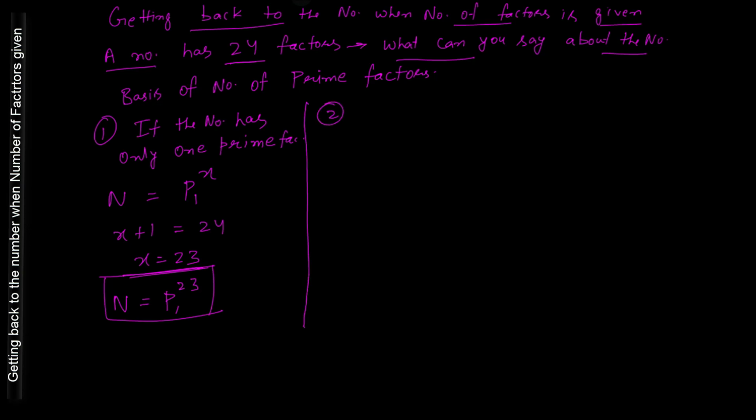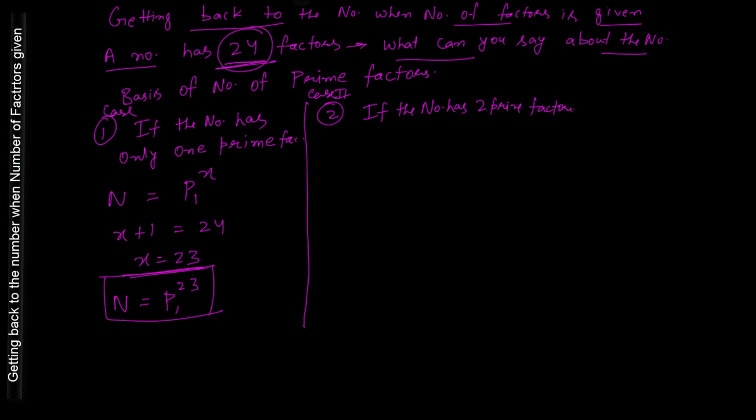Similarly the other case, this is case 1, case 2. If the number has two prime factors, up to what situation will it go on? It will go on up to the maximum number of parts that 24 can be broken into. So let's go one by one, then it will be more clear.